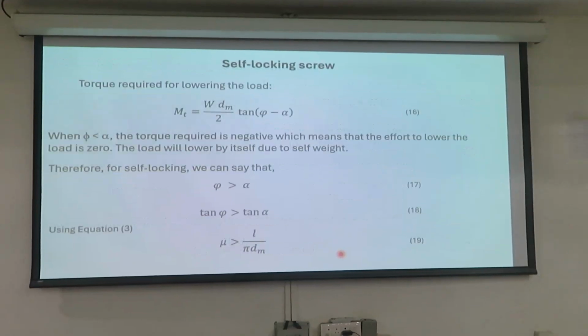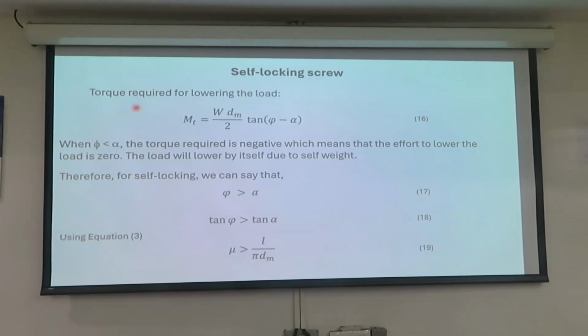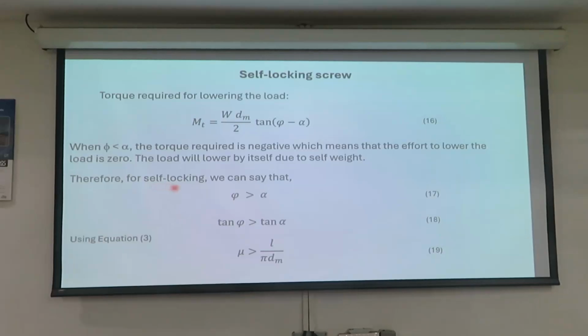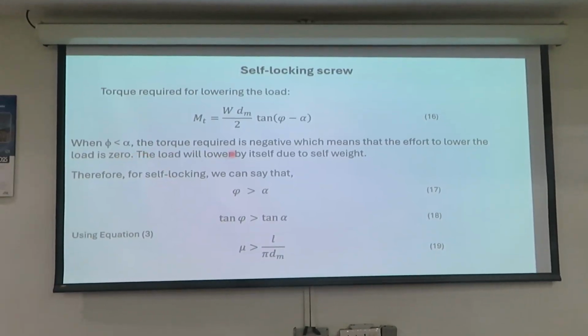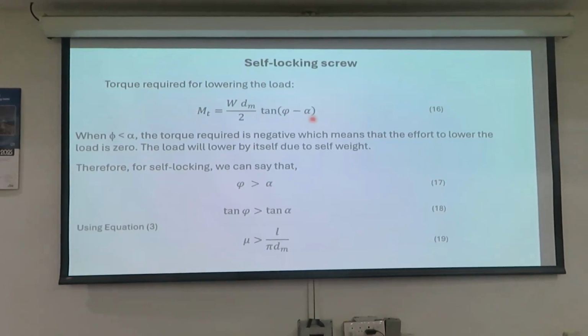There is another thing about the self-locking screw. The torque required for lowering the load is given by this one, and when phi is less than alpha, the torque required is negative. That means no torque is required to lower the load.